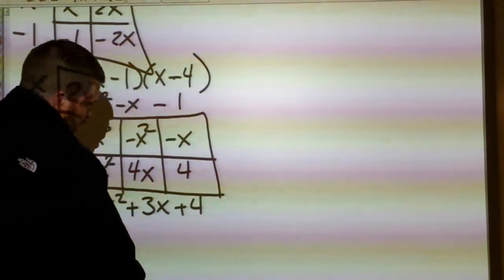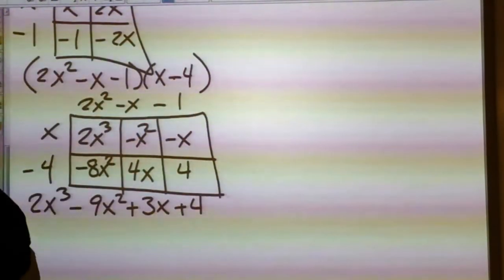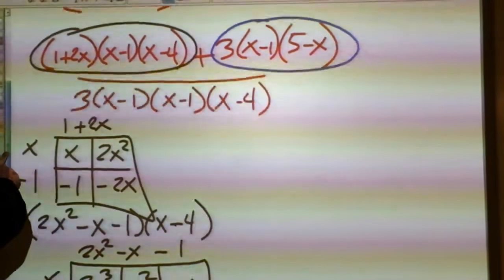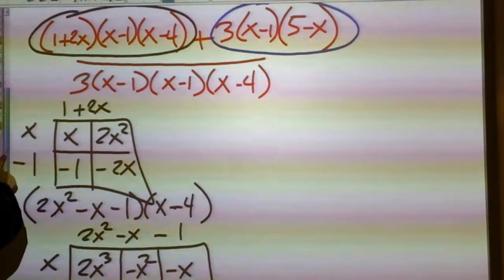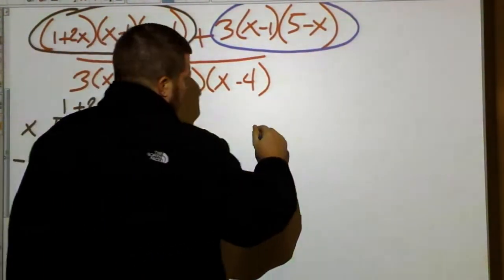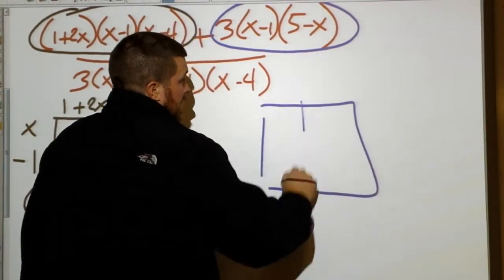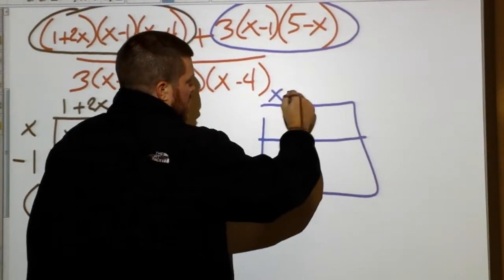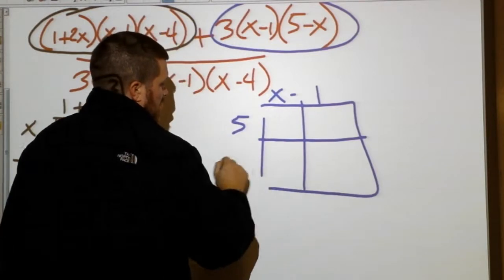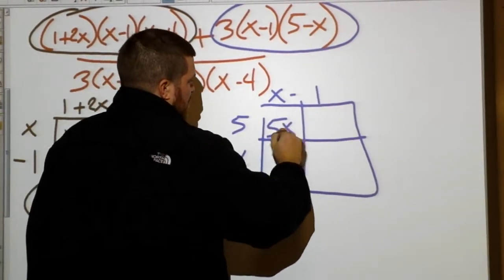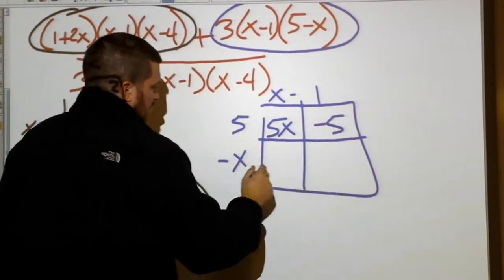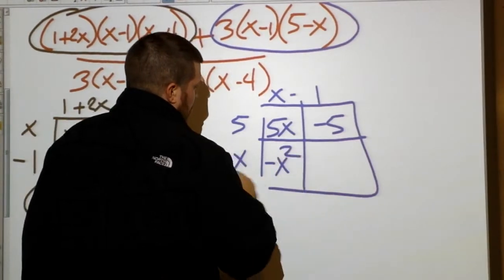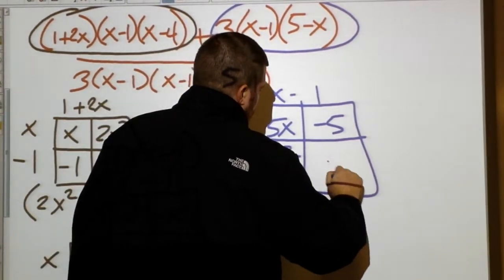Okay? Now I'm going to do my scratch work for the second piece of my numerator. I have 3 times x minus 1 times 5 minus x. I'm going to do the x minus 1 times 5 minus x first. So I have 5x minus 5 minus x squared plus x.